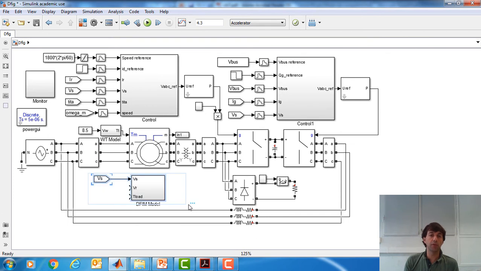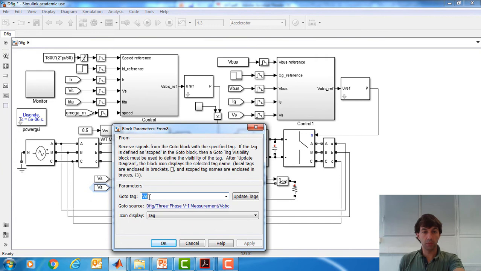In this case we have the model, therefore we don't want to have any delay or any quantification. And for the rotor voltage, okay, this is the load which comes through there, and for the rotor voltage we need to create this measurement that we don't have already.